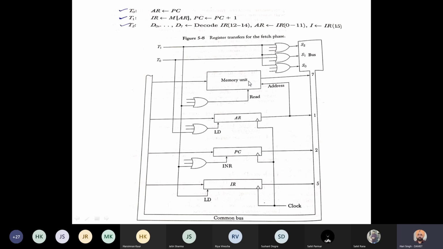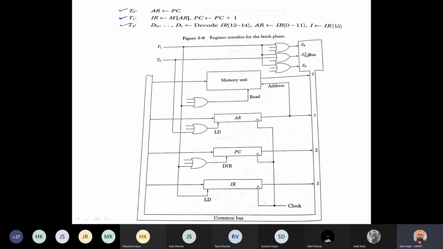So a value from memory will be obtained and placed in the IR register, because this is also going to the load pin of the IR register. Simultaneously the increment of the program counter will also become active, so the program counter will be incremented.